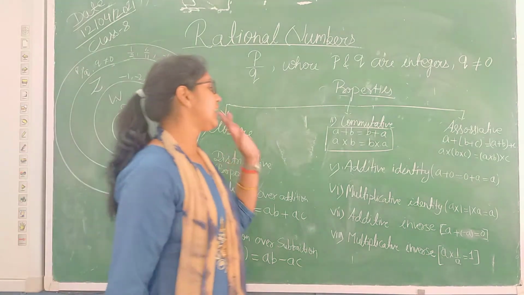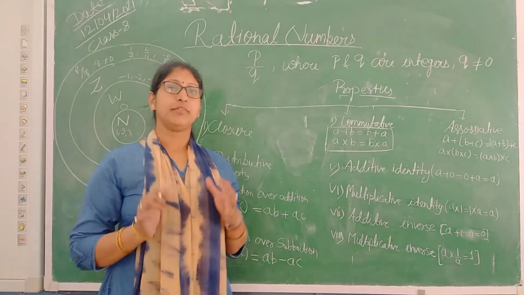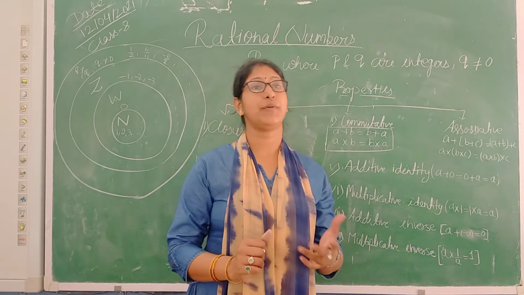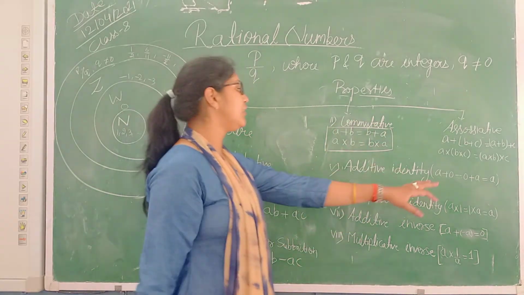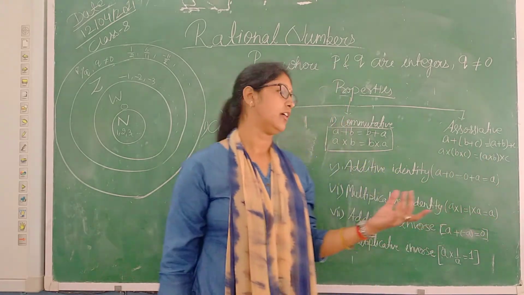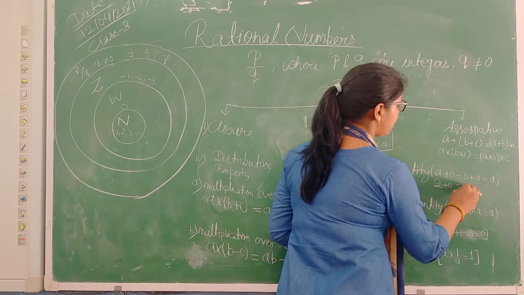The next property is the additive identity. Identity means that when we add a number and get the same number back, it is said to be the additive identity. We know that when we add 0 to any number, we get the same number. Suppose we have 2 and we add 0 to it, we get 2.